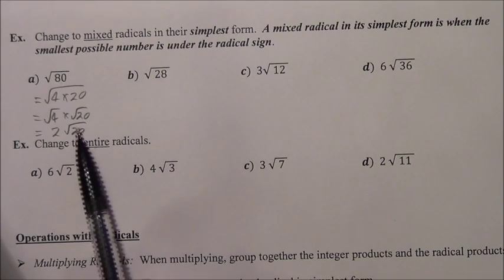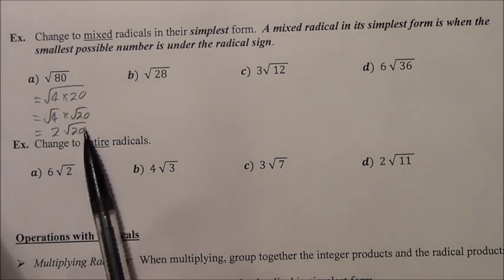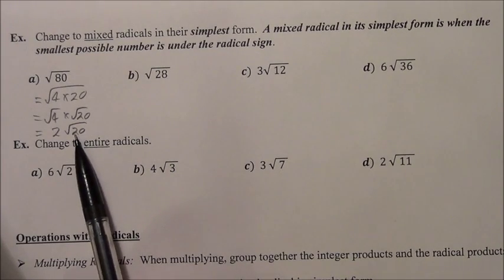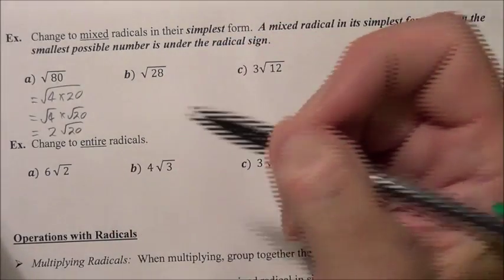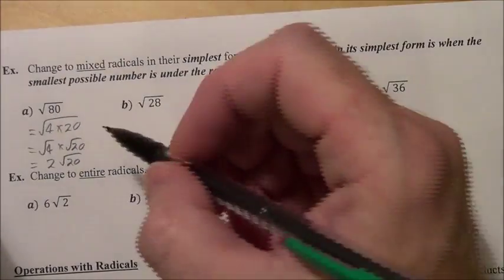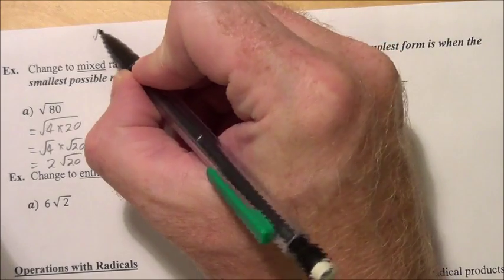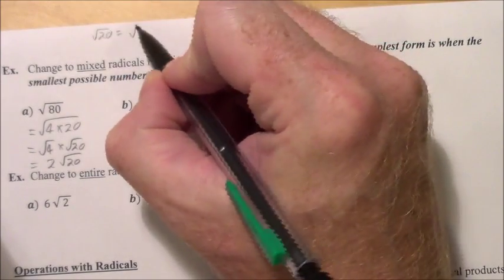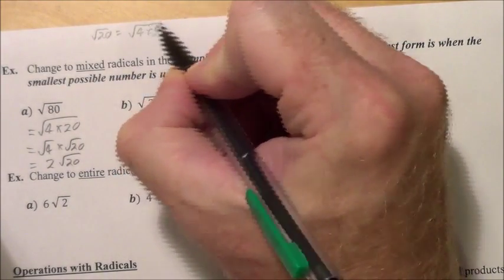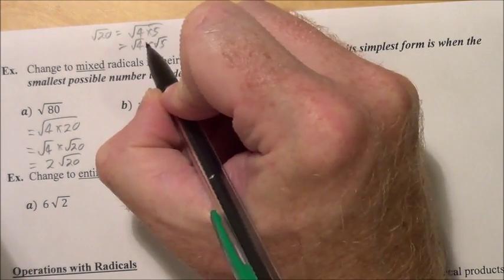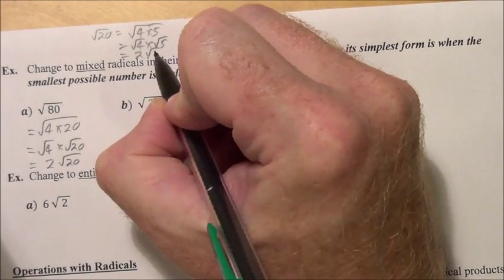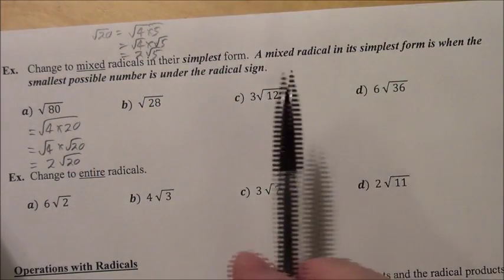We know that 4 times 5 gives us 20, so root of 20 is the root of 4 times 5, and that's the root of 4 times the root of 5, and the root of 4 is 2, and the root of 5 just stays as it is.